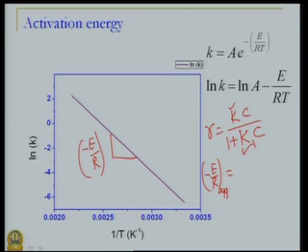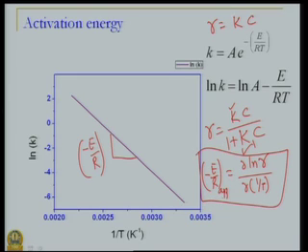Recalling the same exercise that we did for apparent order, it is now del ln R divided by del of 1 over T. Now recall that R is K into C. So, if this was my kinetics, del ln K del 1 over T would be the same as del ln R del 1 over T, because ln R is nothing but ln K plus ln C. So, the derivative with respect to 1 over temperature of R and K will be the same, and this is what is used in finding the apparent activation energy.